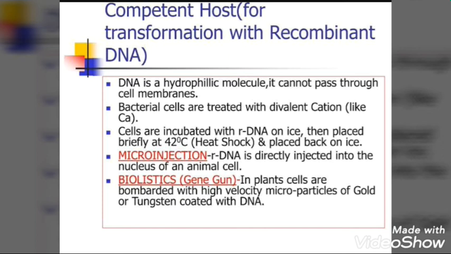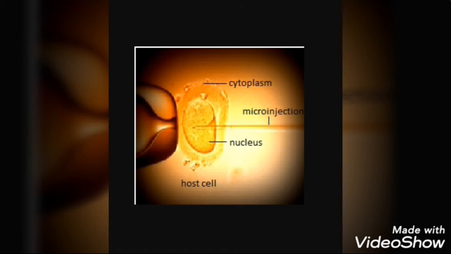So for the introduction into E. coli, there are different methods: microinjection method, ballistic method, placing the cell into a calcium solution, and also heat shock treatment.